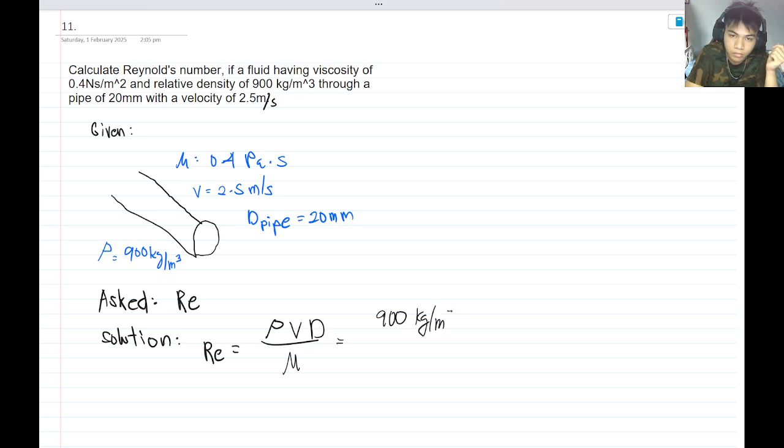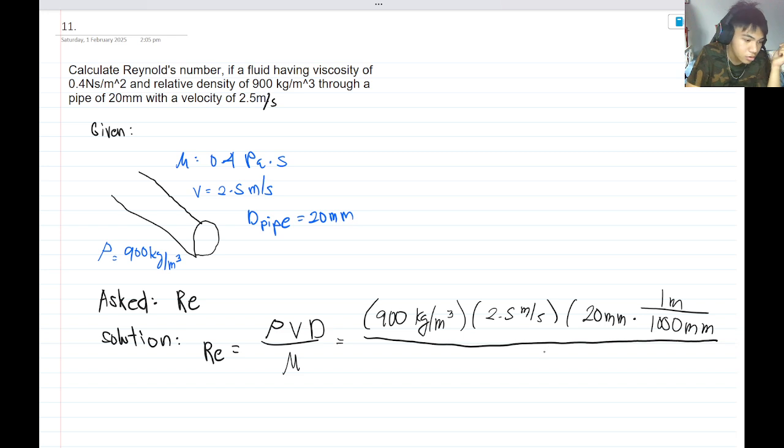Kilogram per cubic meter, and then 2.5 meters per second. This is millimeter, so we'll convert this into meter over the dynamic viscosity of, let's break down the units. So Newton is kilogram meter per second squared.